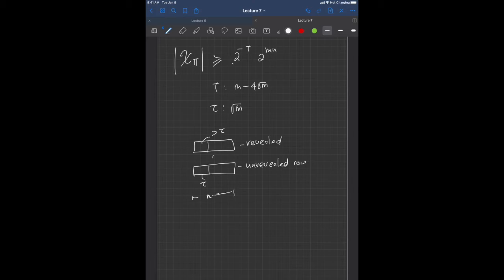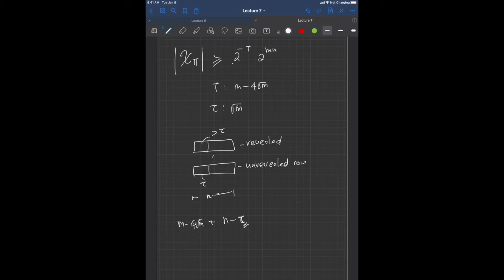So maybe they know about these tau bits, so we can only for sure say that they don't know about the remaining n minus tau bits. So the best kind of lower bound that you can prove for the second stage is something like n minus tau. So if you choose a first stage of m minus 4 square root m, and then you choose a threshold, the best that you can do here is like n minus tau.